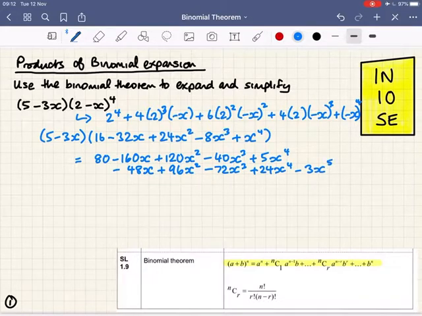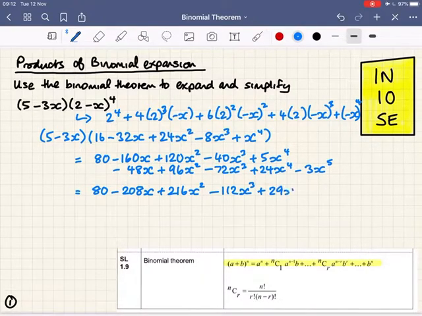And then to get my final solution is just a case of totaling this up. 80 stays on its own. Minus 160 minus another 48 is minus 208x plus 216x squared minus 112x cubed plus 29x to the 4 and minus 3x to the 5.